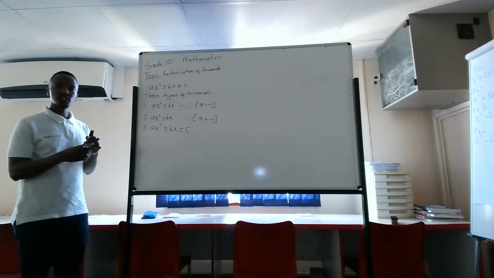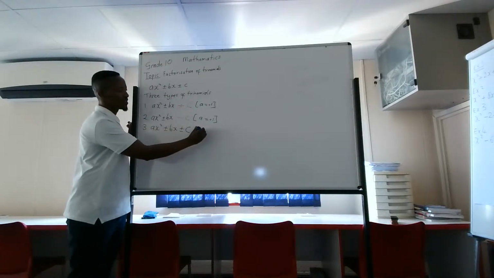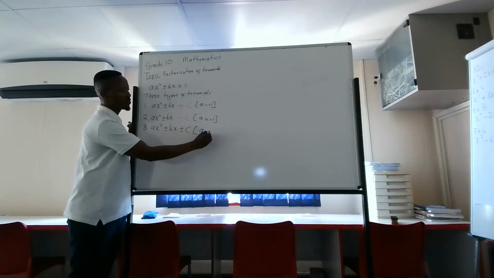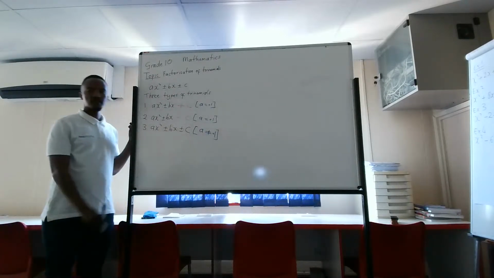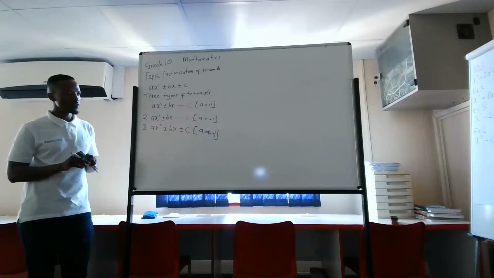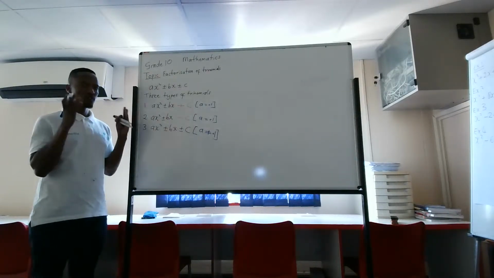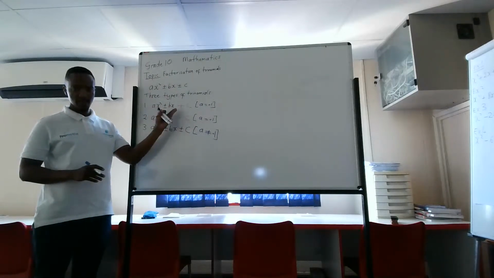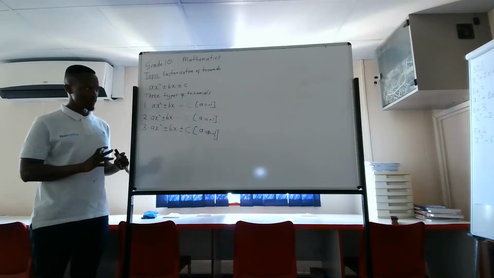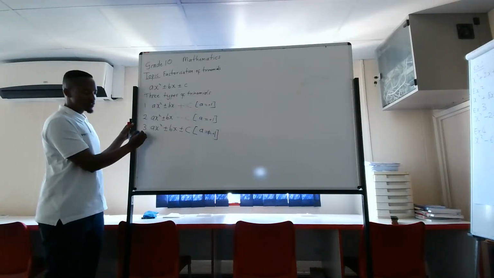The condition for type 3 is that the value of a is not equal to positive 1. But for today, we are only going to focus on type number 1.